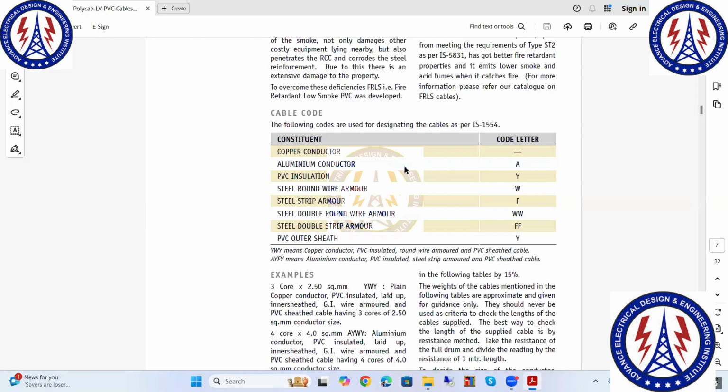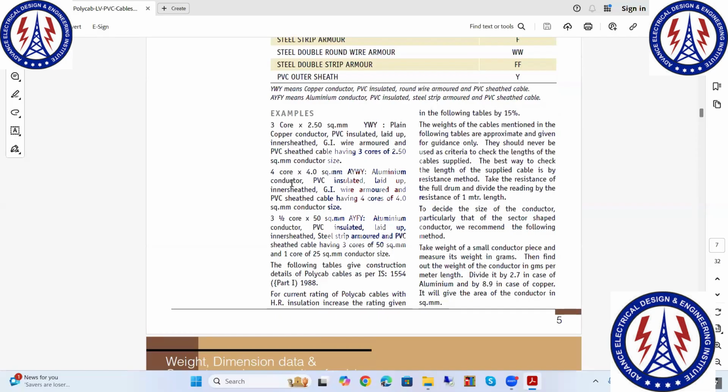Code letters: copper has no code. Aluminum, the code letter is A. This is used all over the world. PVC insulation is Y. Round wire armor is W. Strip armored is F. And PVC outer sheath is Y. With the help of these code letters, we can identify the type of the cable.